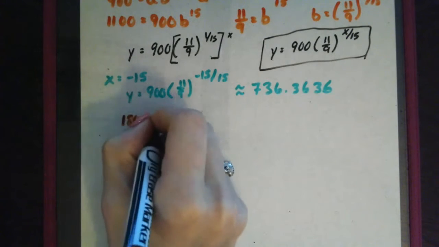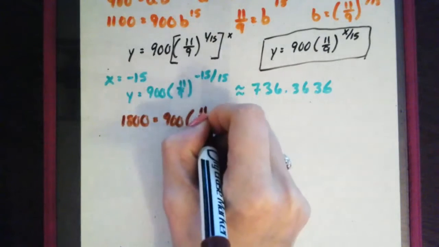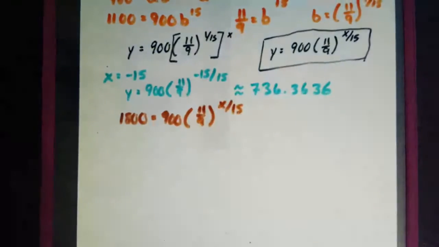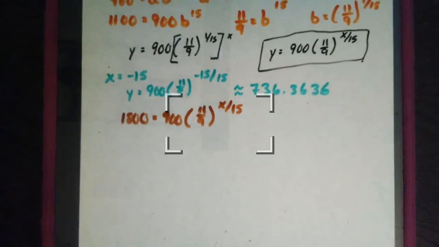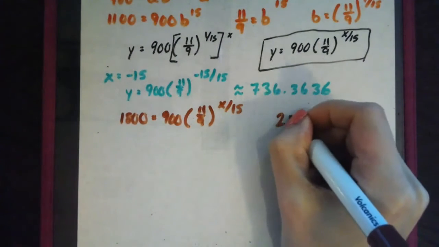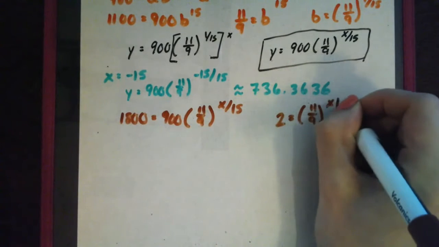So 1800 will be equal to the 900 times 11 ninths raised to the x over 15, and I want to solve for x because x is my time. I'm going to divide both sides by 900, and that will give me 2 equals 11 ninths raised to the x over 15.